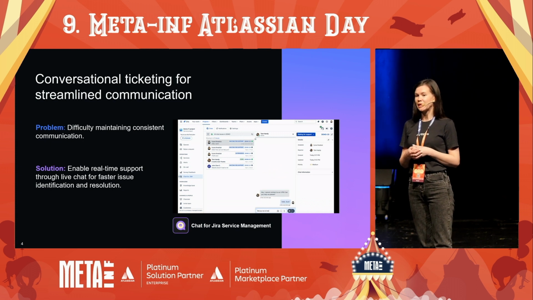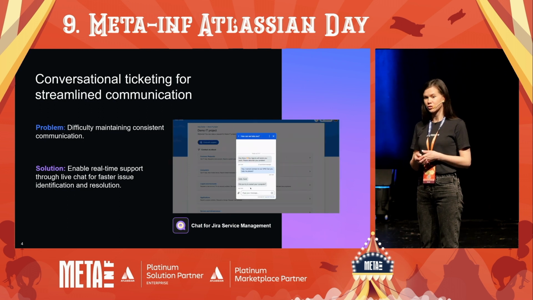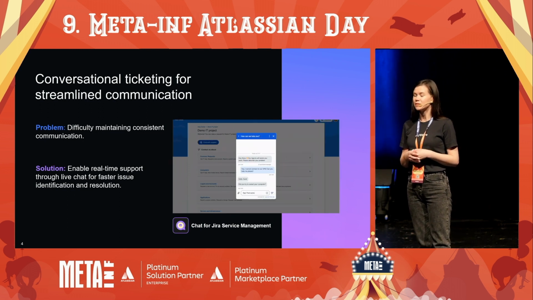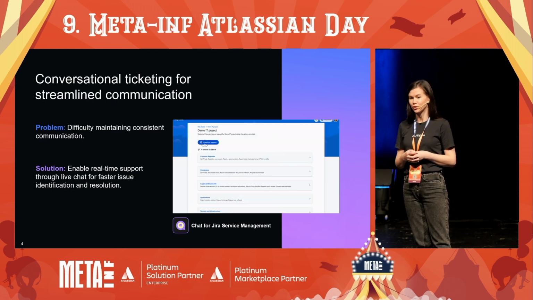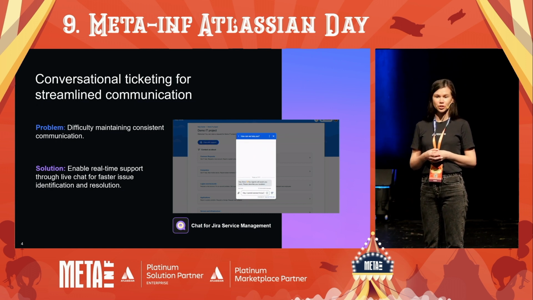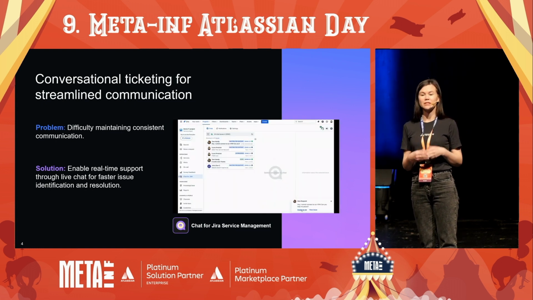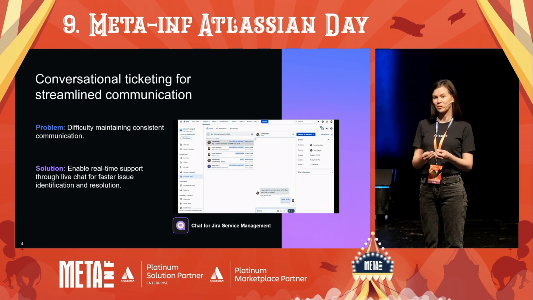So this eliminates the need for back and forth emails or phone calls, allowing faster identification and resolution of complaints, as well as higher customer satisfaction, because users will see your commitment to provide real help in real time.